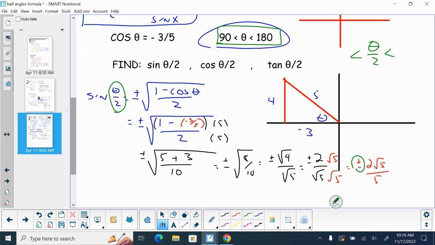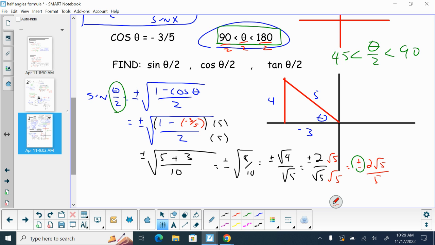Half theta has to be in between what and what? 45 and 90. How'd you get that? I divided 90 and 180 by 2. Yeah. If I take and divide all these using my division property of inequality, divide everything through by 2, I have theta over 2 is between 45 and 90.